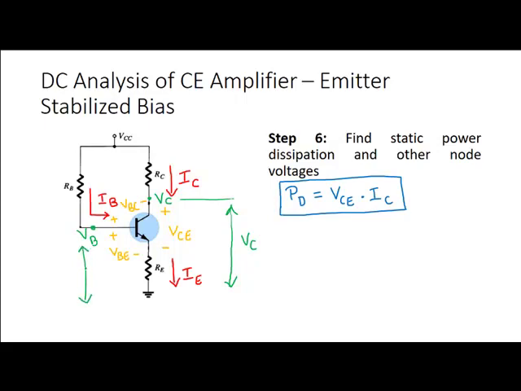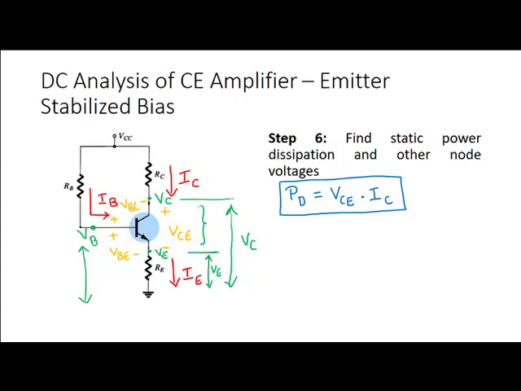Then we have the emitter terminal here. So this is VE. VE is measured from this point till the ground. So VCE, as you can see here, is the difference between VC and VE, between the collector and the emitter terminals, which we have found.